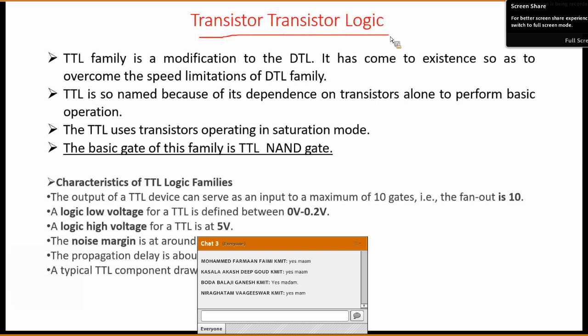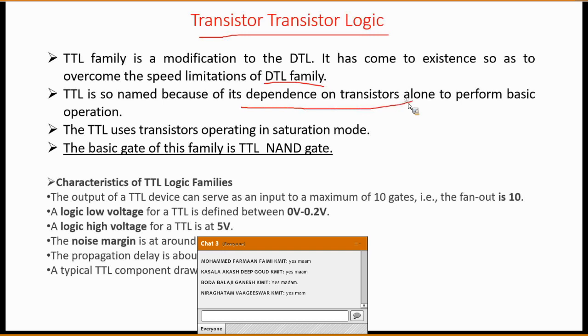It is also called T square L. So here just go through the points. The TTL family is a modification of DTL and it has come into existence to overcome the speed limitations of the DTL family. In the DTL family the diodes are used and they are a little bit slow compared to transistors. So those diodes are replaced with transistors. TTL is so named because of its dependence on transistors alone to perform the basic operation. So we are using only transistors in TTL logic.